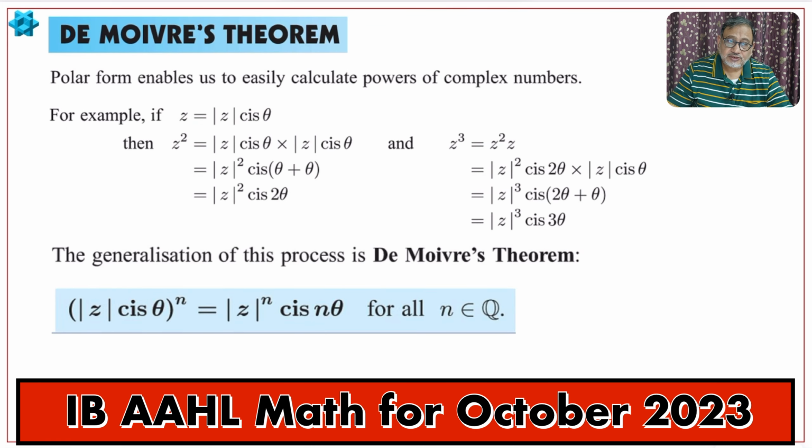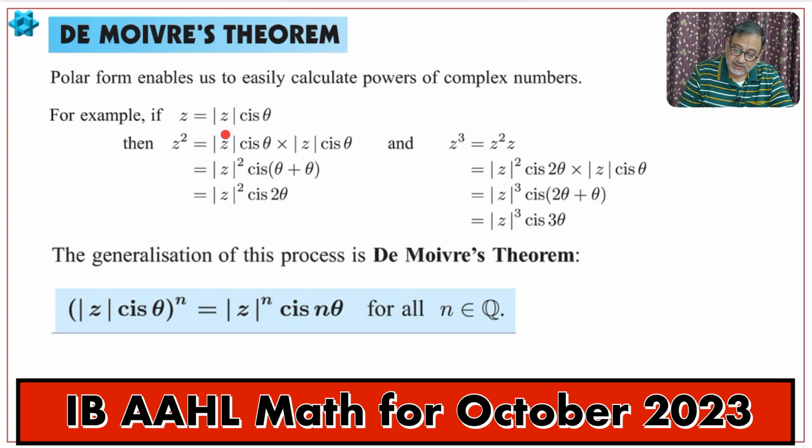Now the next section is De Moivre's theorem. So De Moivre's theorem says, if you have a complex number z equal to modulus of z cis theta, then z square is modulus of z cis theta into modulus of z cis theta, which will be modulus of z square cis theta plus theta.